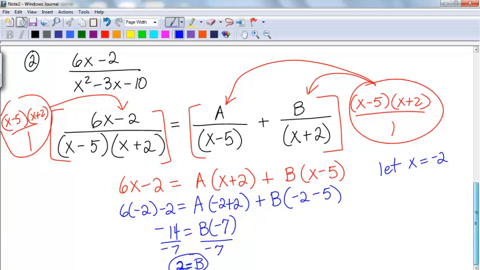Okay, now you got to go back up to this line, okay, and let the B drop out. To let the B drop out, this has to go to 0. The x has to go to 0. This one has to go, so this value here has to go to 0. So what's x have to be? 5.